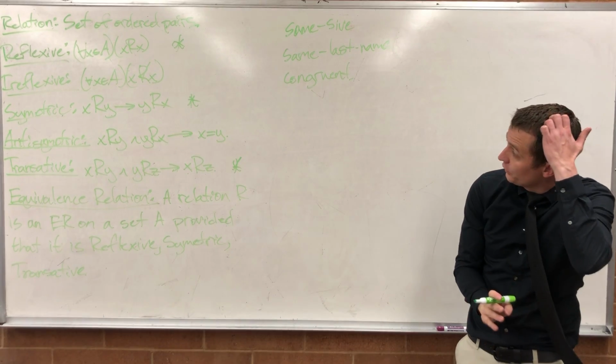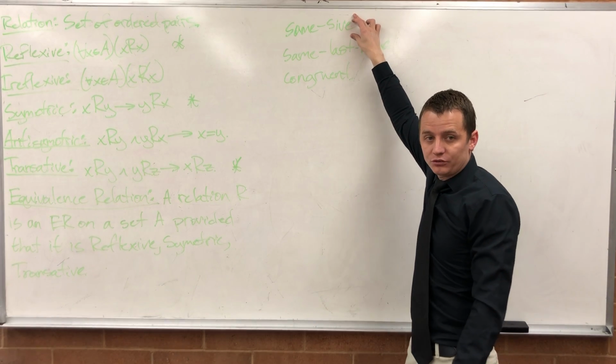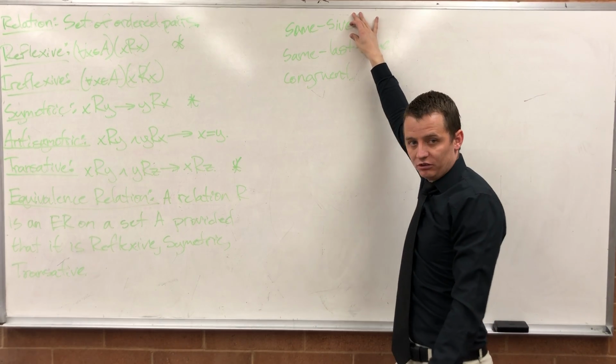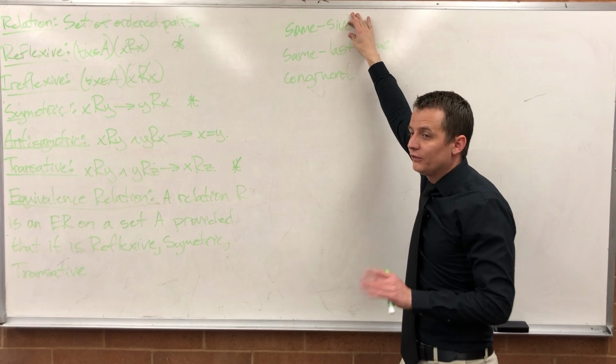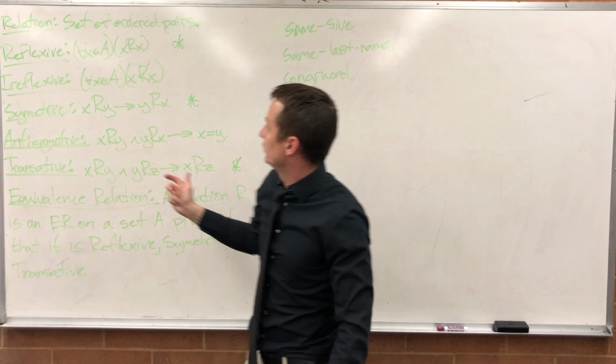Question, which of these, well, we'll take it one at a time. The same size as relation. Is this an equivalence relation? So on the set of all objects, or on the set of all sets, however we want to think about it, having the same size, is that an equivalence relation?